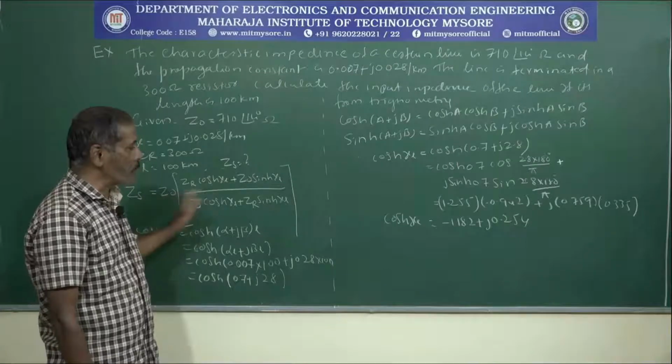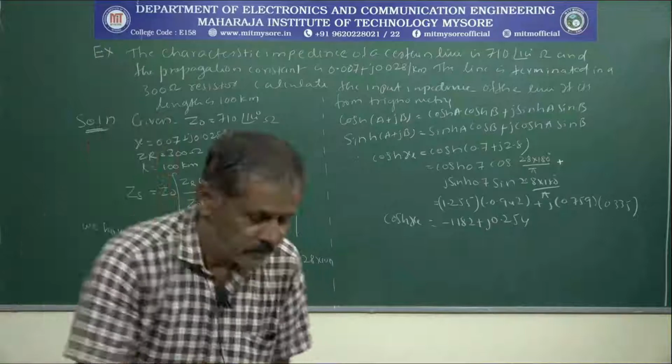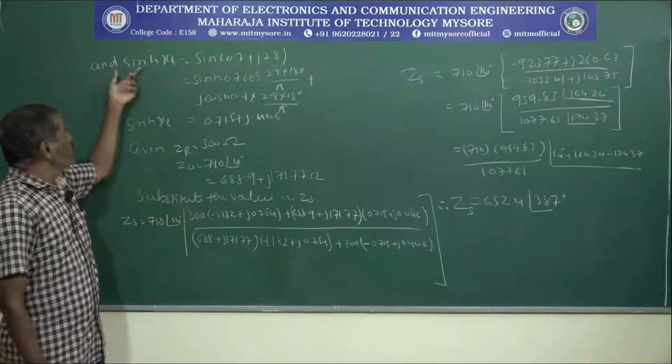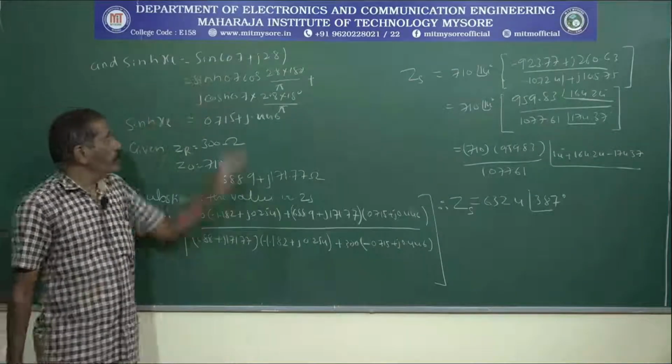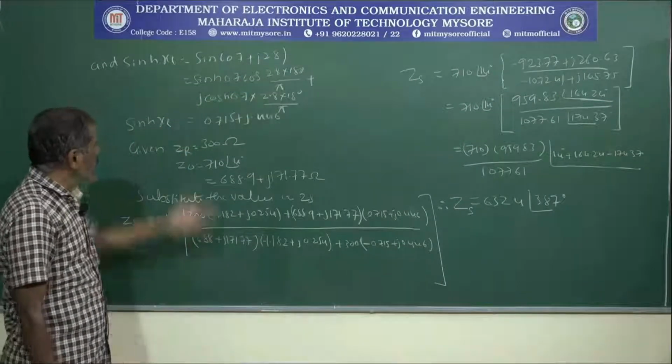Now let us calculate the value of sinh of gamma L. Sinh of gamma L is equal to sinh of 0.7 plus j2.8.